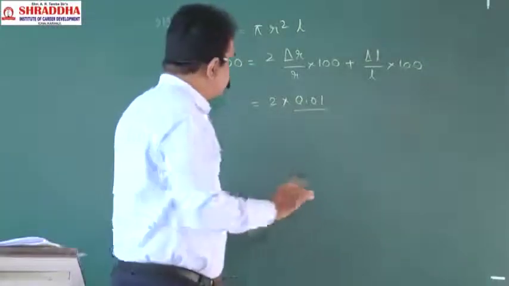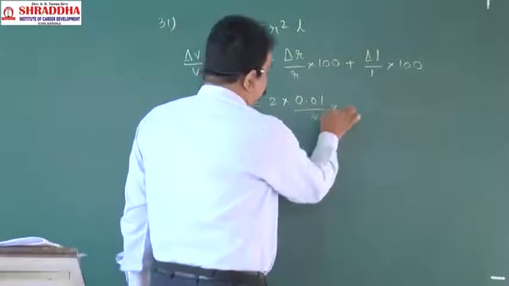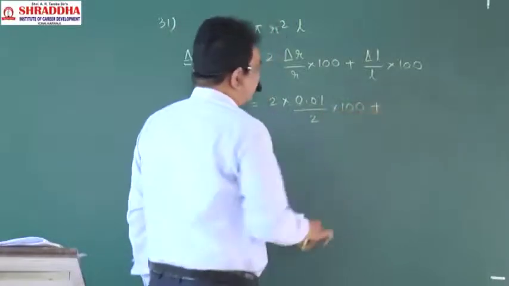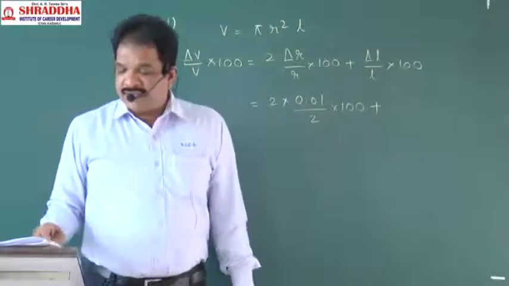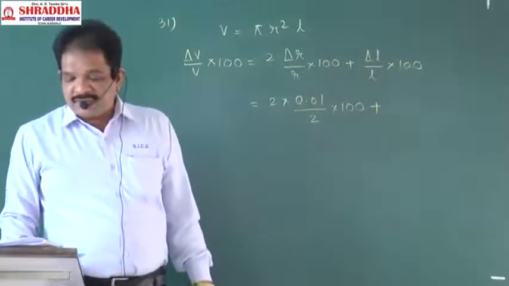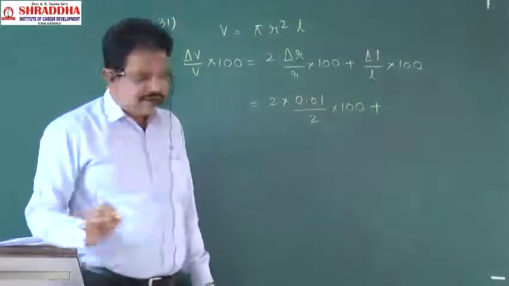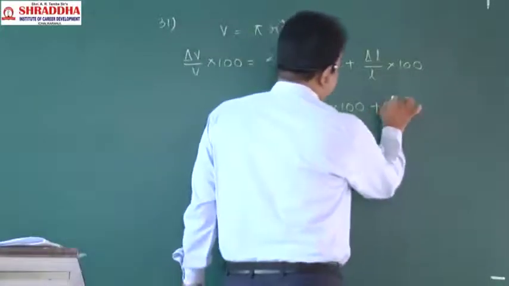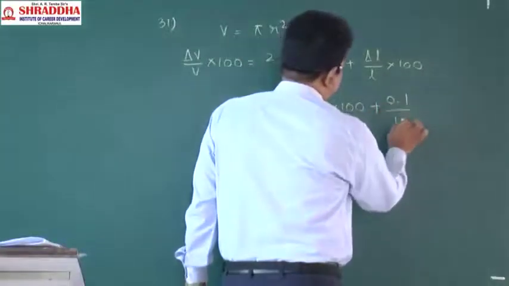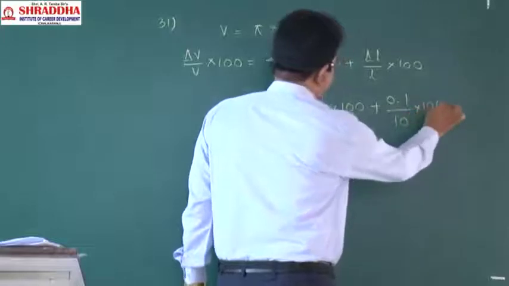And radius value will be 2 centimeters into 100. Okay. Next, length value they given it as 10 centimeter. This is 1 mm means 0.1 by 10 into 100.